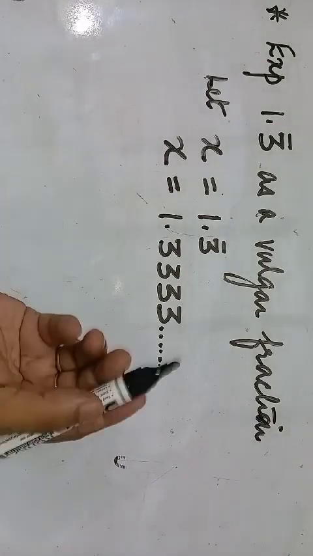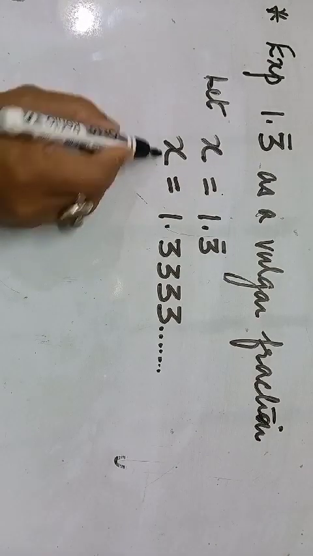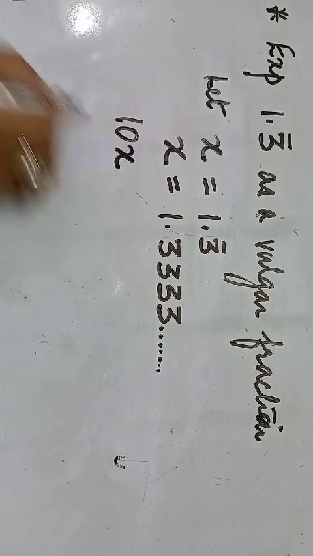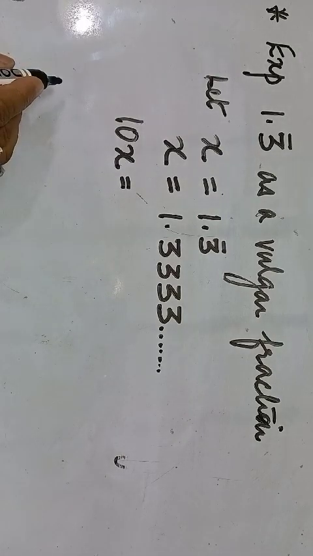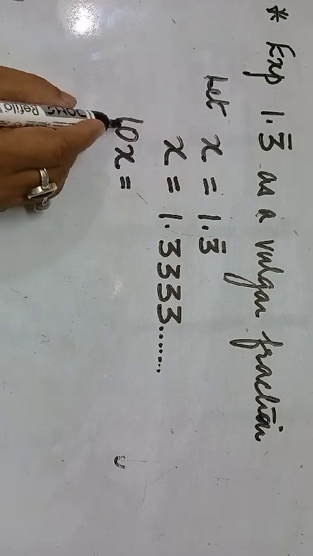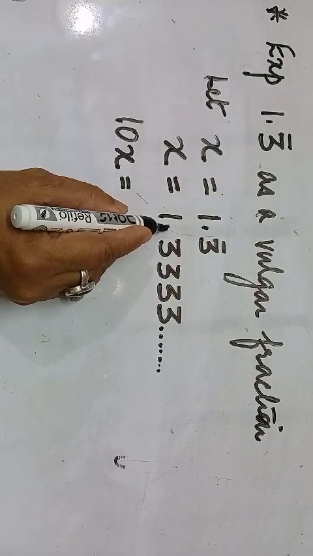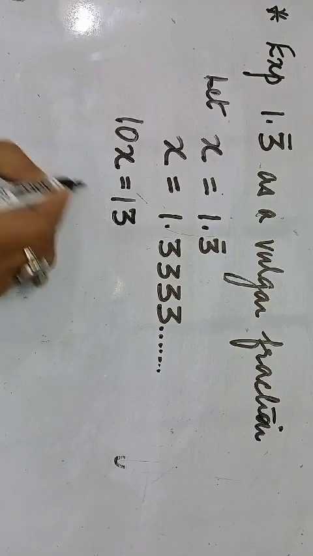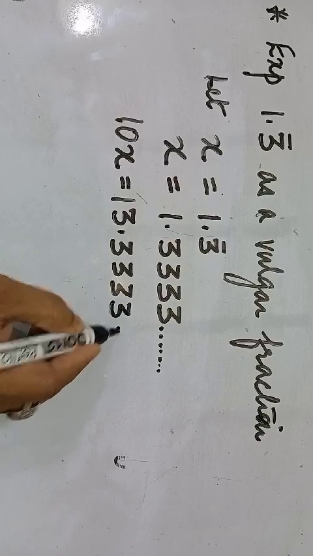In the next step, since x is 1.3333, what will 10 times x be? 10 times x means that 10 is multiplying x. So when 10 multiplies x, the decimal shifts here. So simply it becomes 13.3333 and so on.